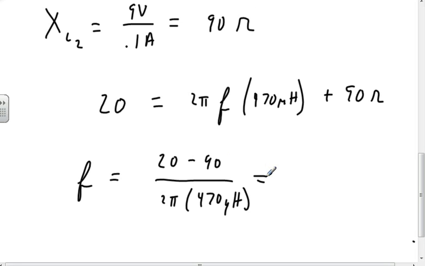Okay, so my f is going to be negative frequency. I love negative frequency.